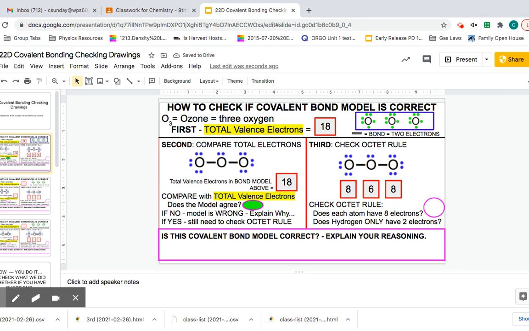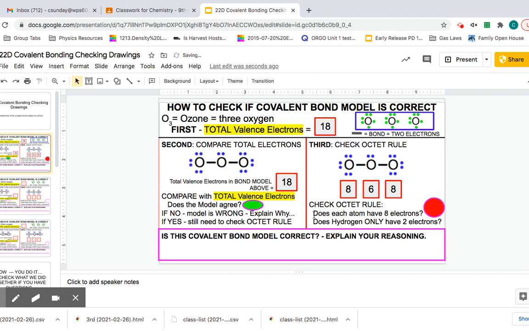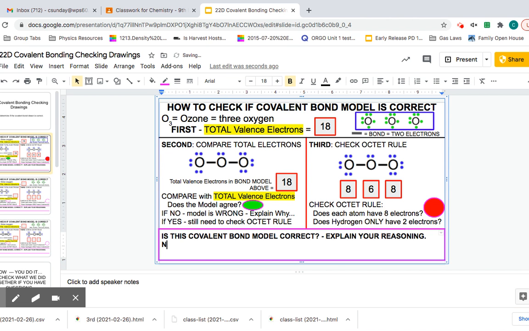For checking the octet rule, the question is, does each atom have 8 electrons? The answer is no, because the middle one here only has 6. So this right away can be highlighted, filled in red. So is this covalent bond model correct? The answer is no. Why?